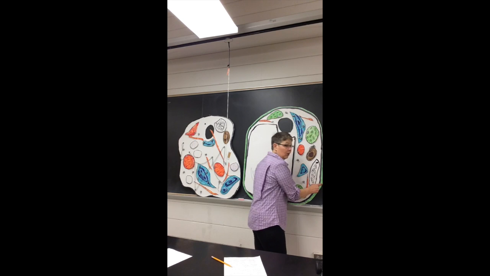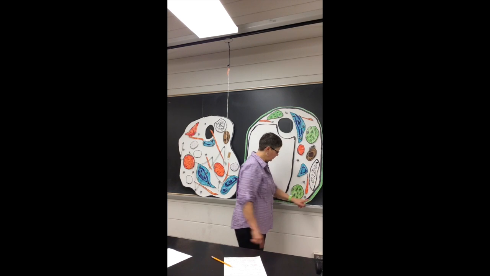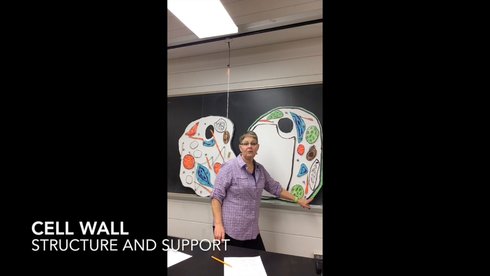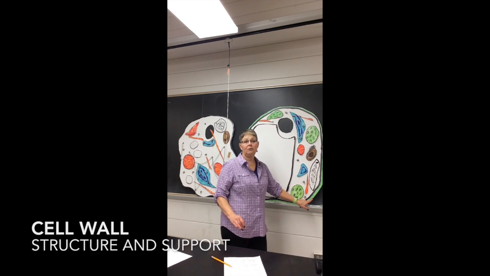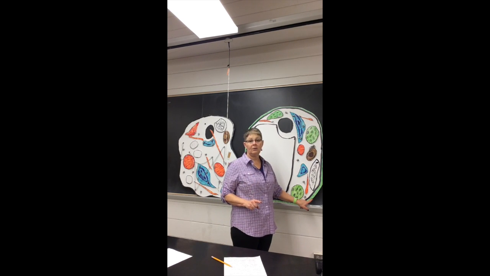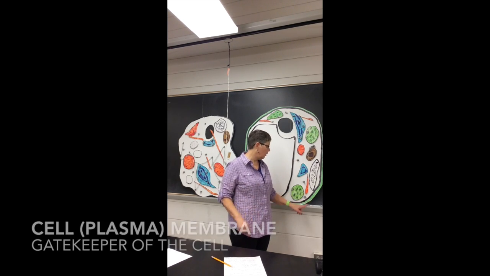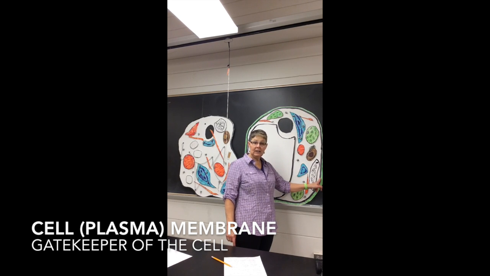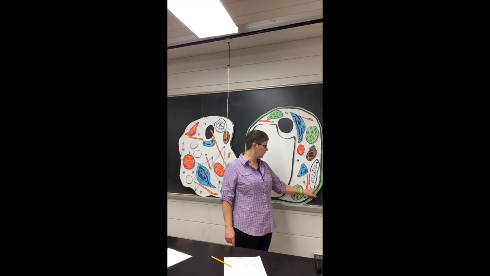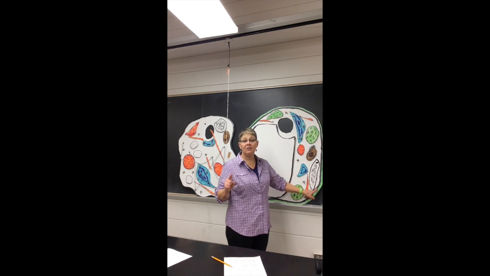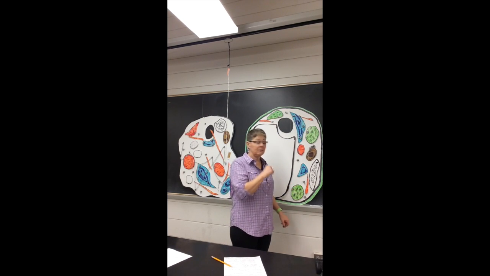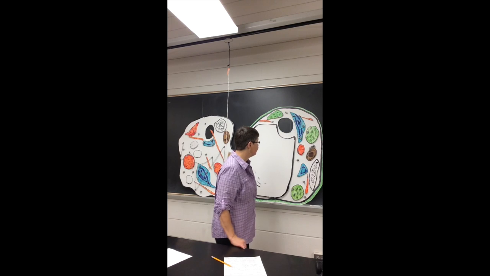All right, cell wall right here, the green, is for structure and support of the plant. Structure and support, that's the function. Cell wall. The cell membrane, or plasma membrane, which is the black, is the gatekeeper to the cell. Function. All right?